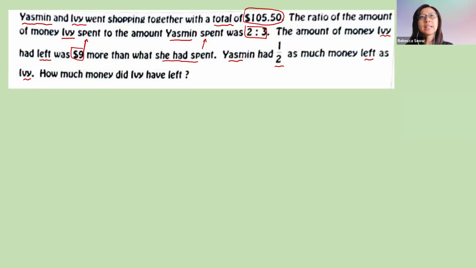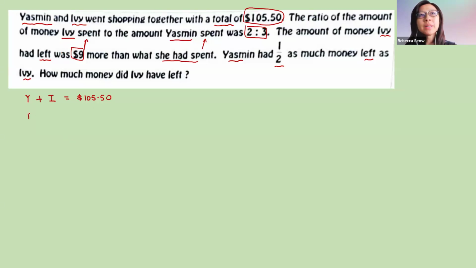Looking at all these pieces of information, we know that Yasmin's money plus Ivy's money would add up to $105.50. We are also given the various proportions of how the money is being spent and how much money is left.